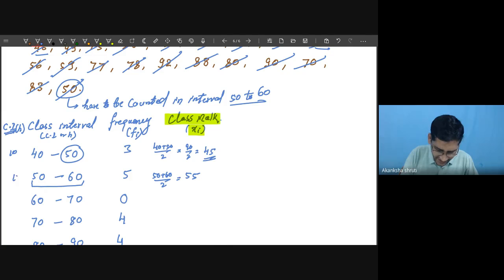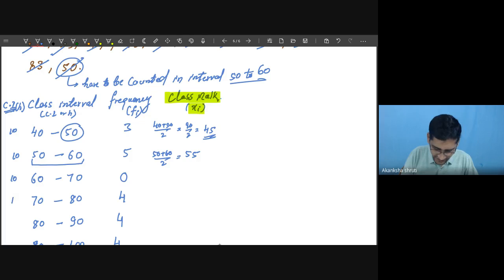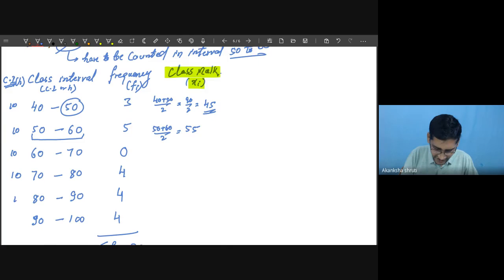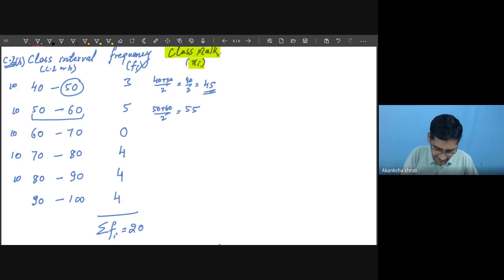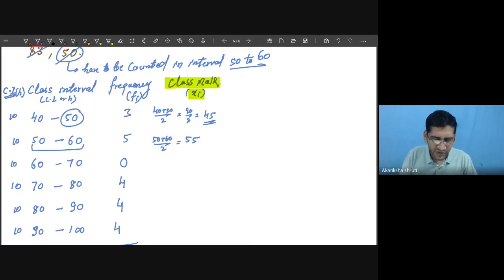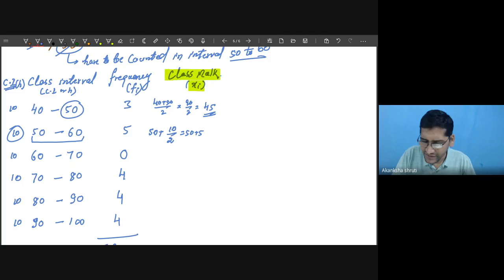Every time we are getting this as 10. 70 minus 60 is 10. 80 minus 70 is also 10. 90 minus 80 is 10. 100 minus 90 is also 10. So what you shall do is just take the lower limit, 50, plus whatever this 10 is, divided by 2. It is easier. So it is 50 plus 5 is 55, same as the 55 that we calculated earlier.